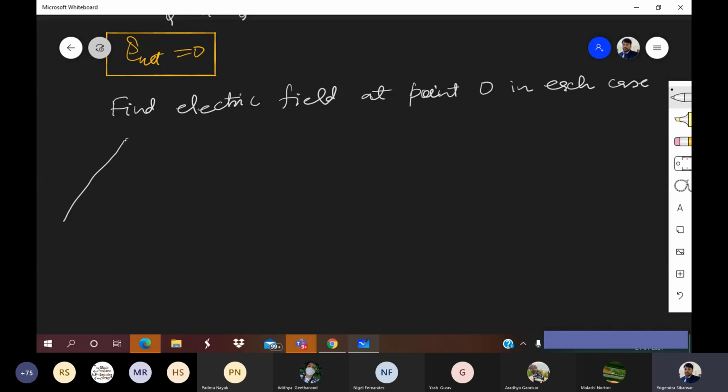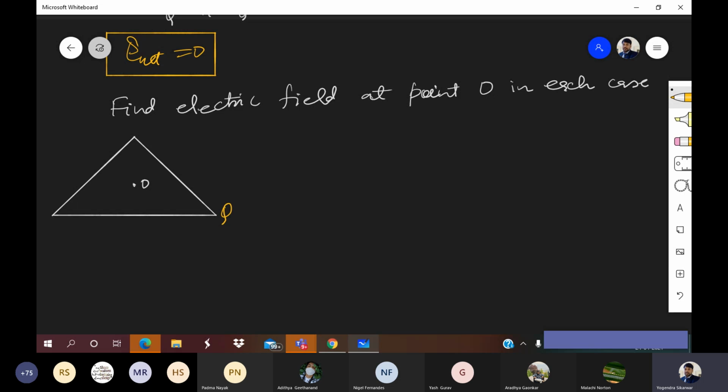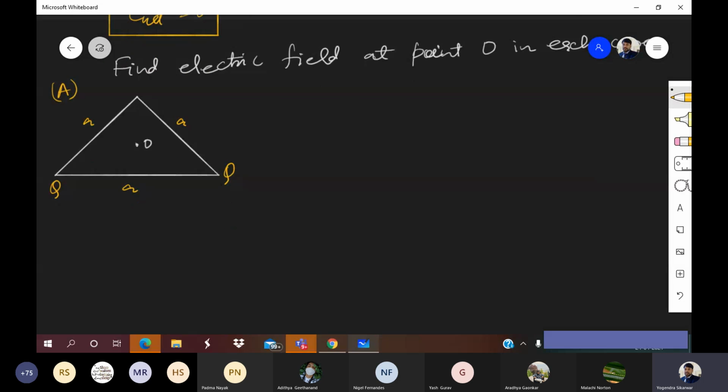So A part, this is O, and charges are Q and Q. This side is A. So that is A part.